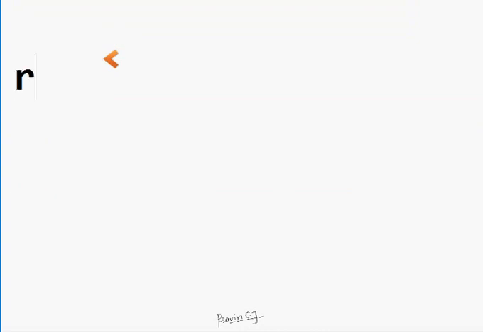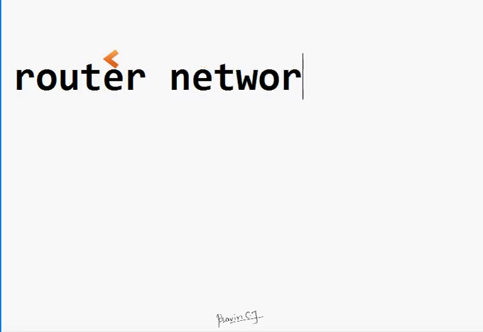And if you know how routers work, our routers work at which layer? They work at the network layer. How do they work at the network layer? Your computer is connected to the internet. For example, suppose your computer is connected to Airtel broadband, or instead of broadband, I will say Airtel router.